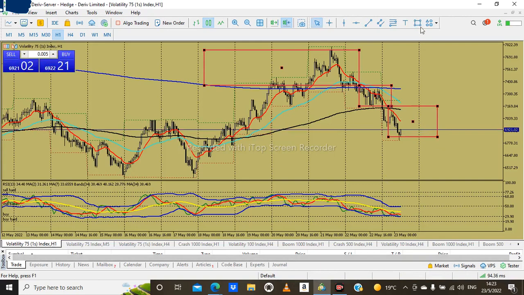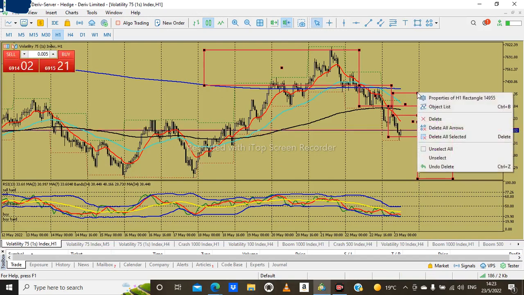So this is what I am hoping for. I'm hoping for price to at least come down to this region. I'm receiving a lot of confirmations because I'm anticipating that we are going to receive a cross right here.